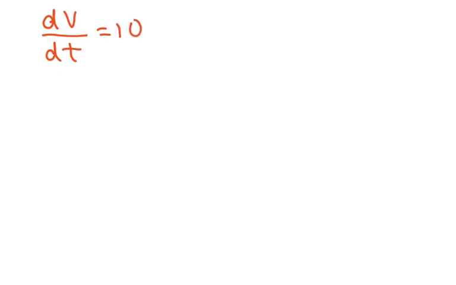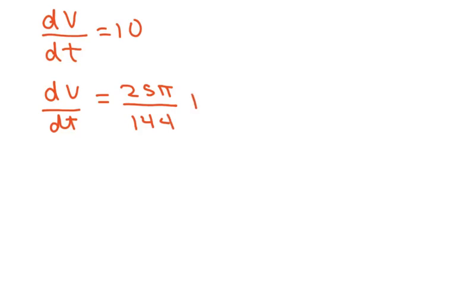We also know our formula: the derivative of the volume with respect to t equals 25 pi over 144 h squared, because the volume was 1/3 pi times 25 over 144 h cubed.